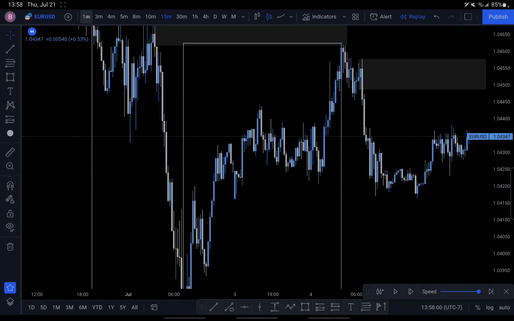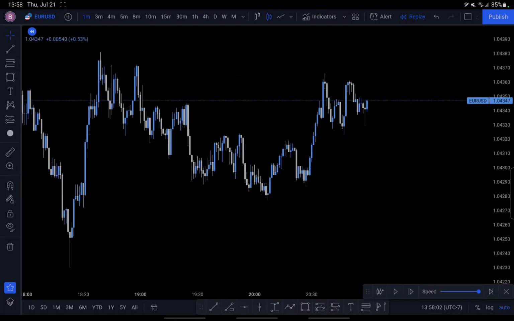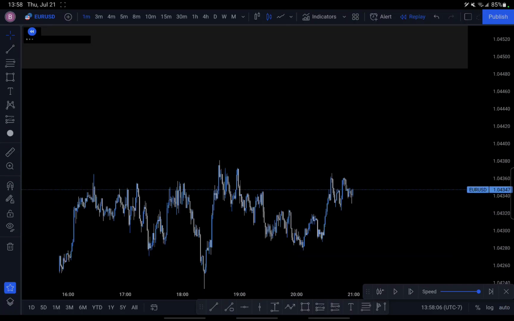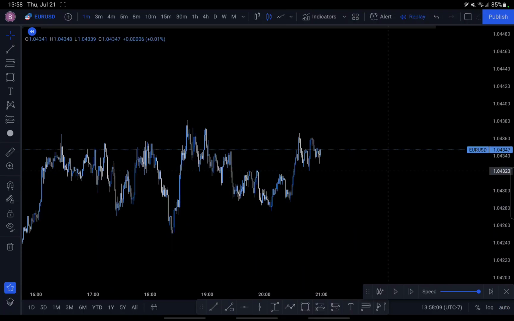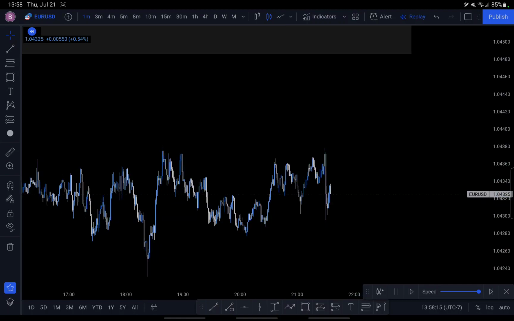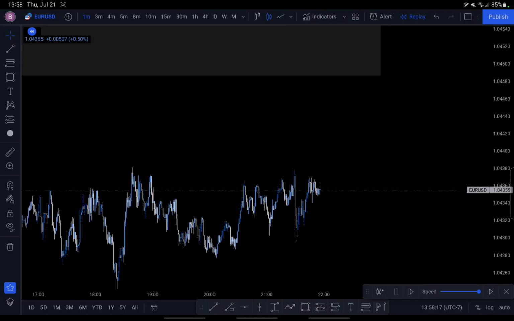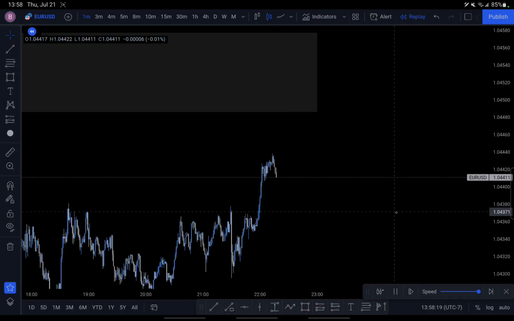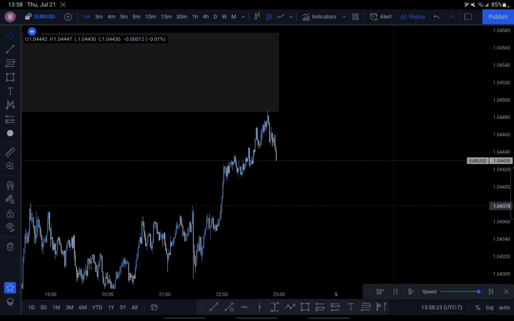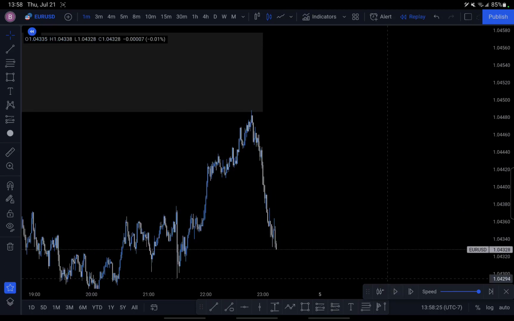Let's see how price played into it. Okay, we do have a little accumulation here. Let's watch price. Alright, price started breaking down quick.